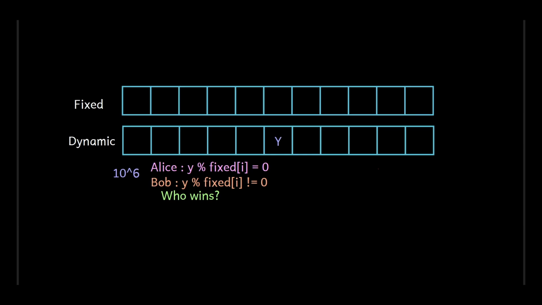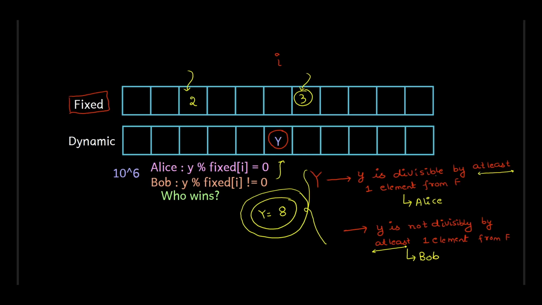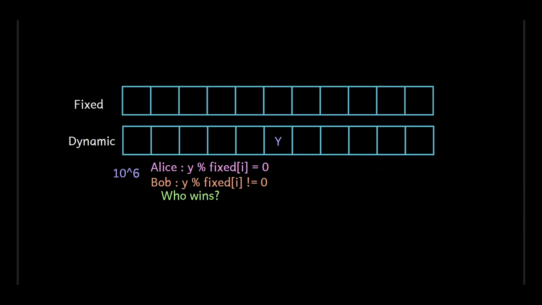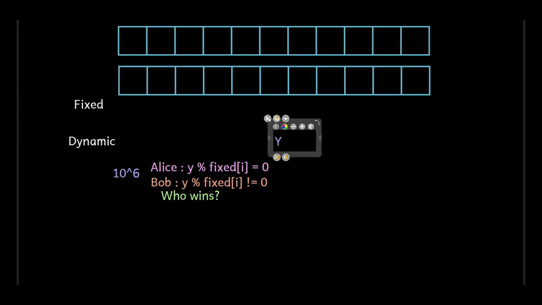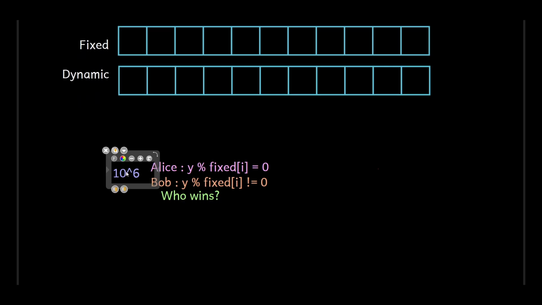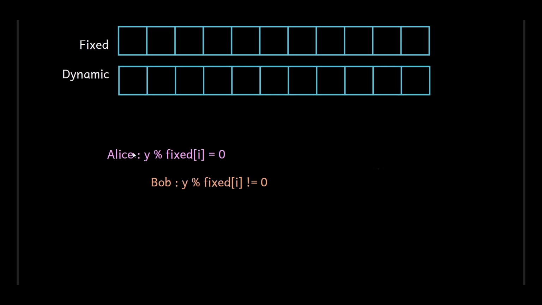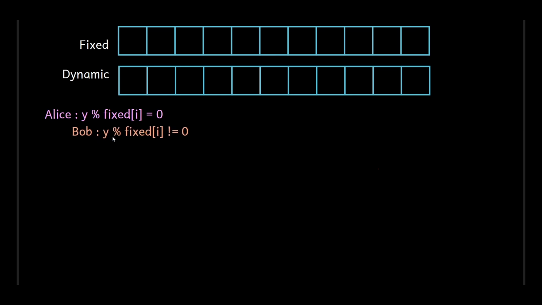In the previous slide, we talked about y being divisible by at least one element. So what is the complement of it? The complement is that y is divisible by all the elements of the fixed array. Let me write that down. So this is the fixed array, this is the dynamic array, and let me remove these constraints, and these are the rules of the game.